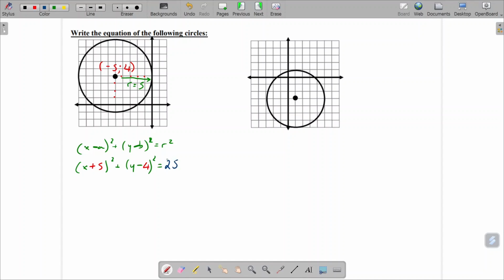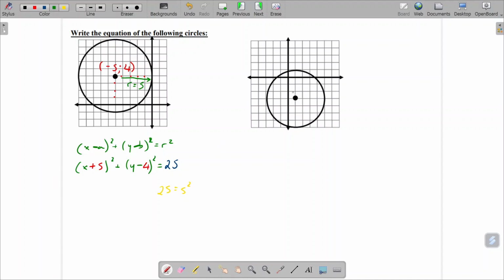And again, the real question you need to ask yourself is, why is it 25 and not 5? The reason is that 25 is 5 squared. So there we have our first equation. We are done. It's not too complicated, and as a result, we can speed through the second one.